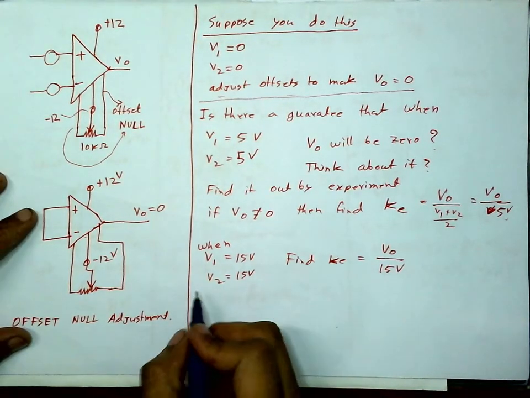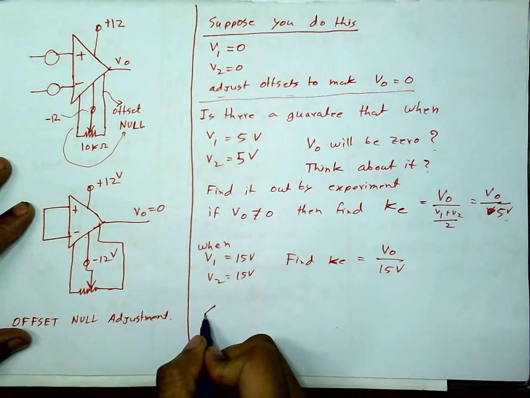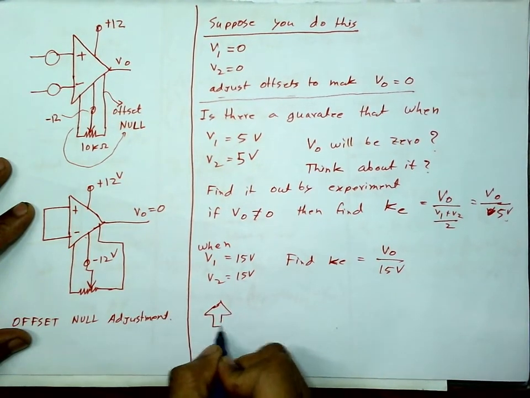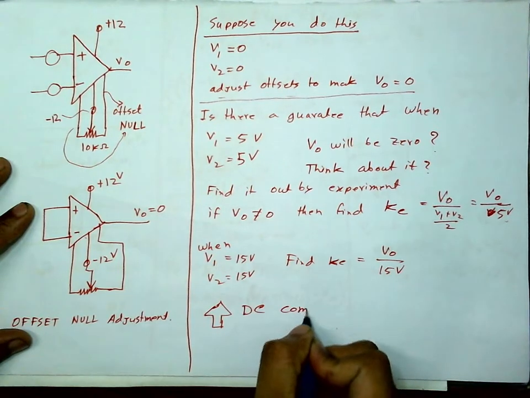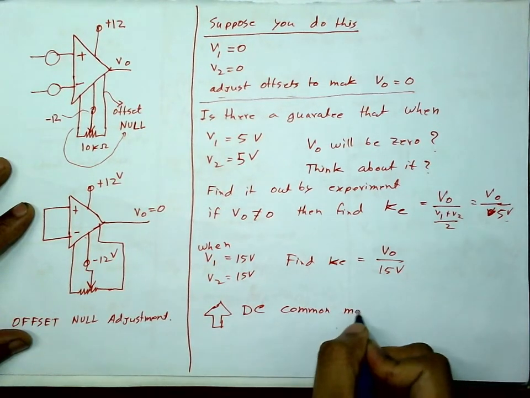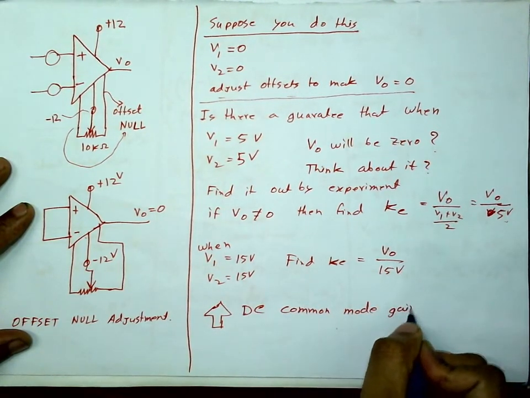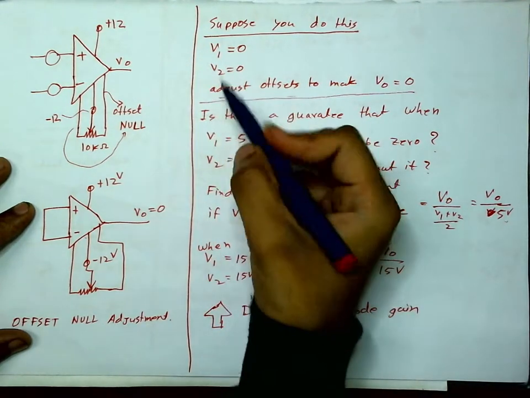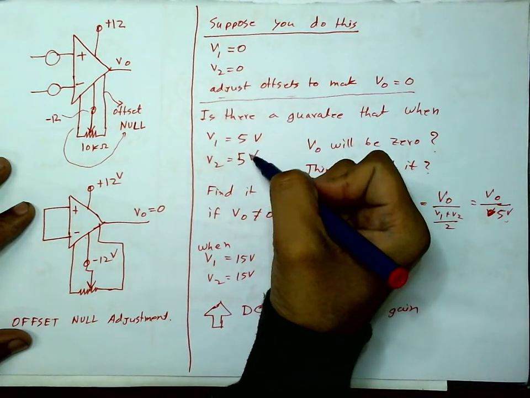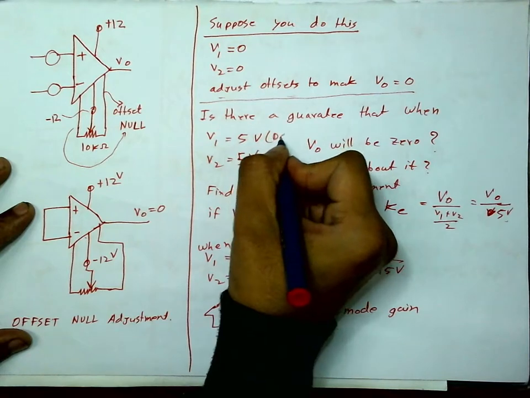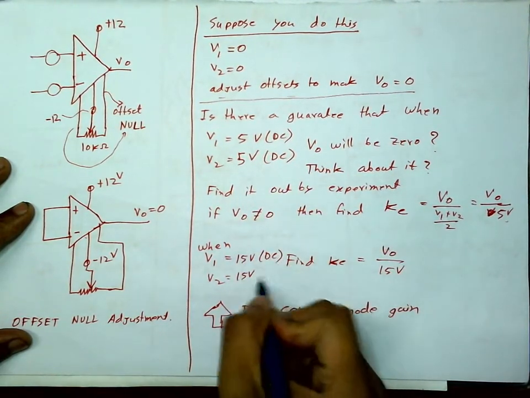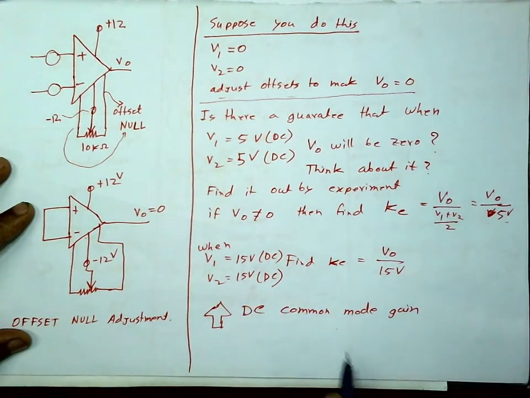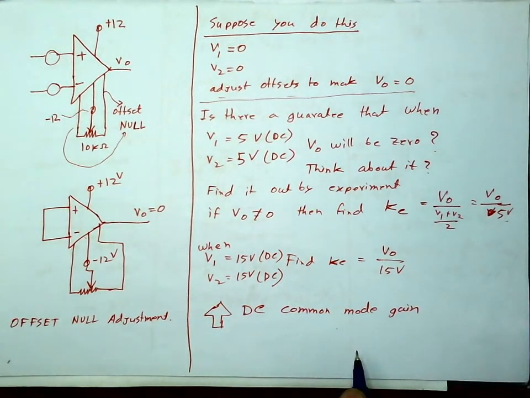So this entire thing that we have talked about is DC common mode gain. Because the two inputs are 5 volt and DC, that means constant, they are not varying with time, or 15 volt, but they are not varying with time.